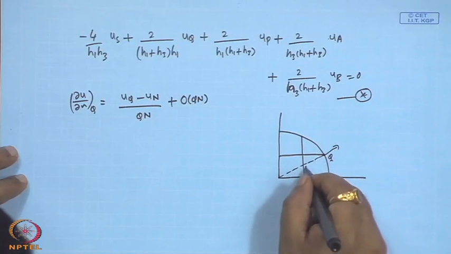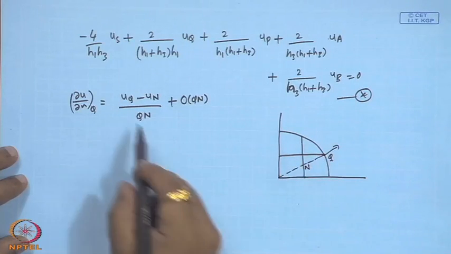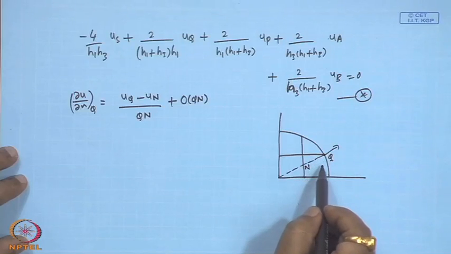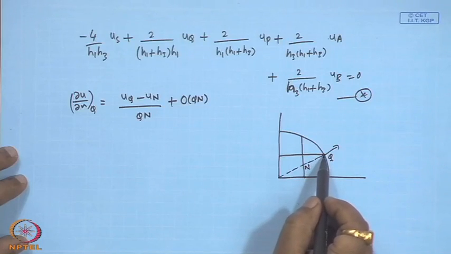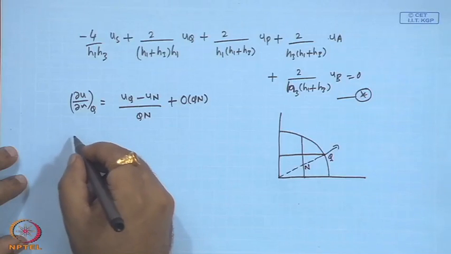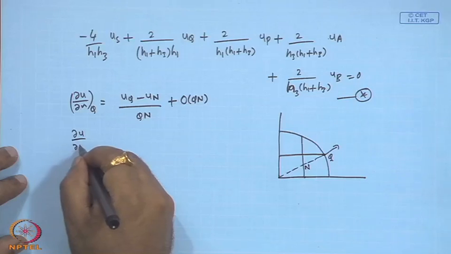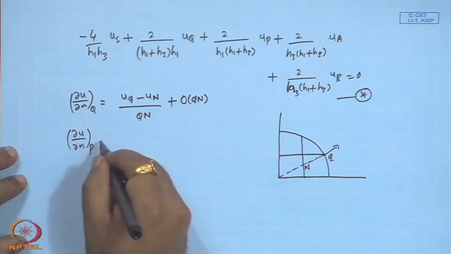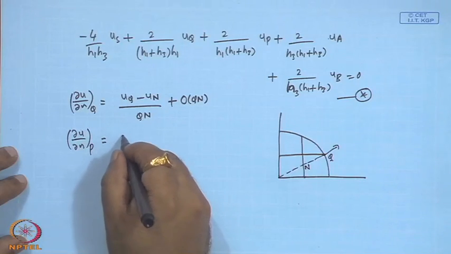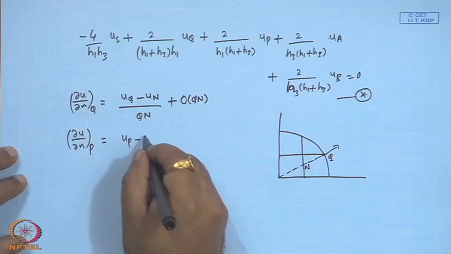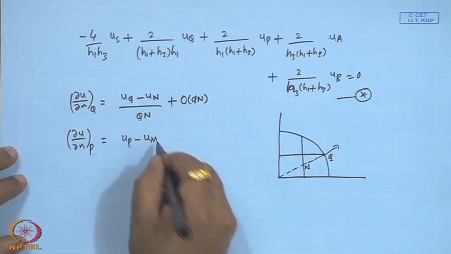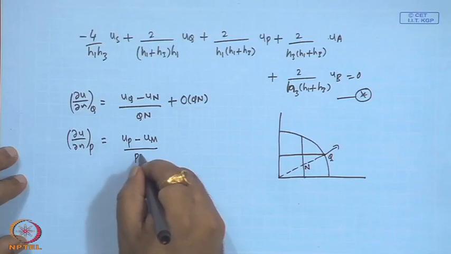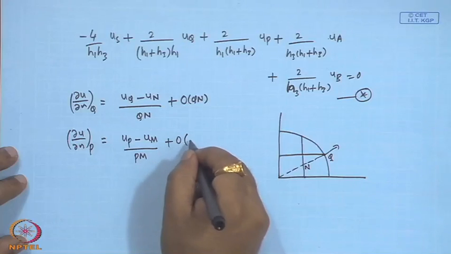So, this is Q and this is N. So, dou u by dou n at Q is (u_Q minus u_N) by the distance, then at P it is (u_P minus u_M) by PM.